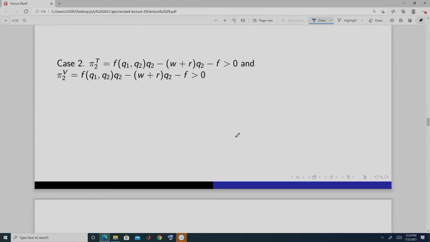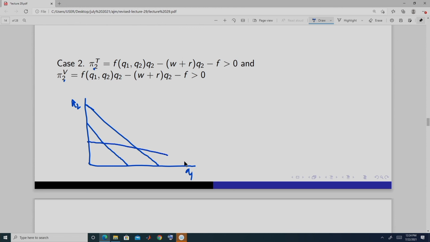Next, look at the case when farm 2's profit at point T is positive and also at point V it is positive. So, this is output of farm 2. This curve is the reaction function.